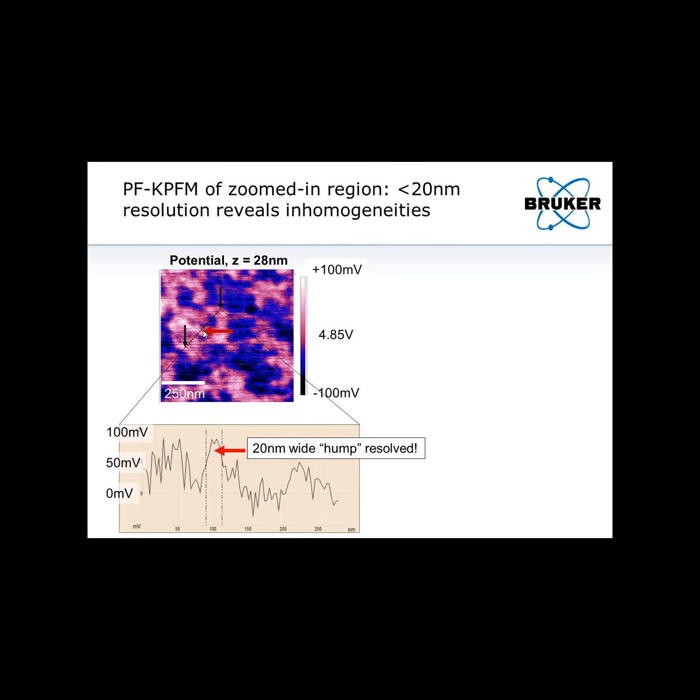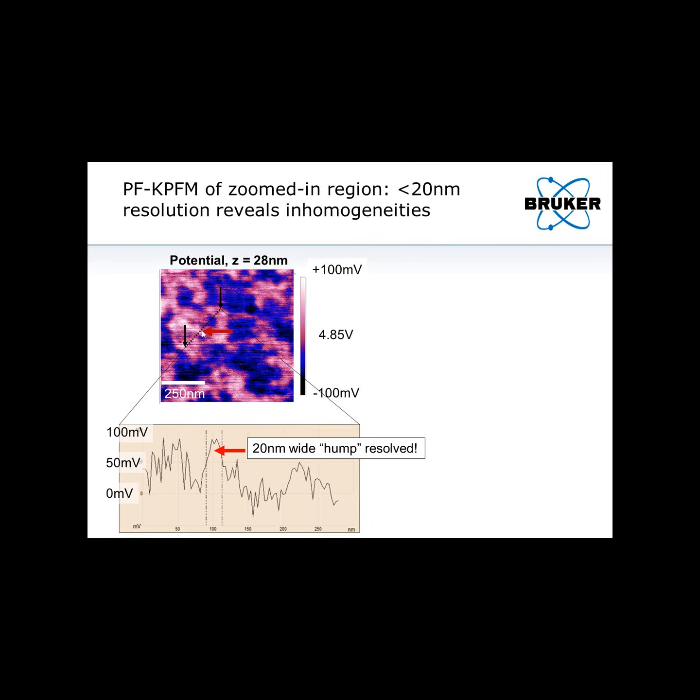And also over here, the region that I'm indicating by this dark red arrow is shown here, and this region is only 20 nanometers wide. So it's pretty impressive that we can resolve this with KPFM. It's a very powerful example of the kind of resolution that you can get.